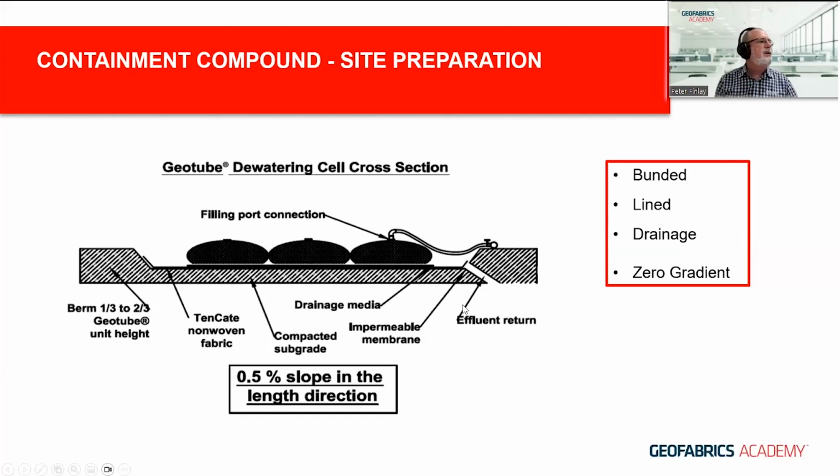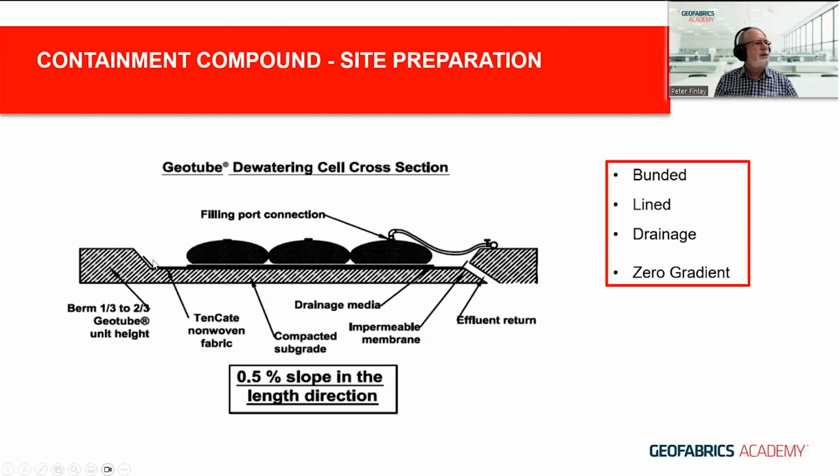It will have a membrane liner, and that depends on whether the filtrate has contaminants in it. But generally, we'd even see fully welded HDPE liners. In a low risk area, maybe just a very thin plastic liner.